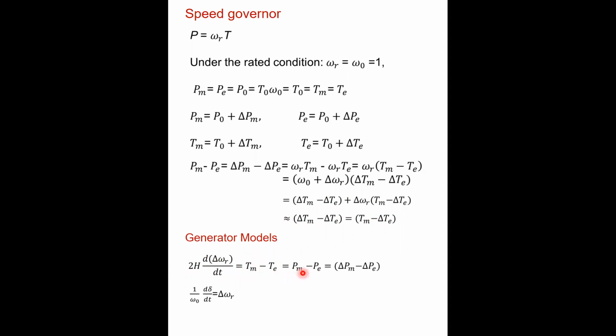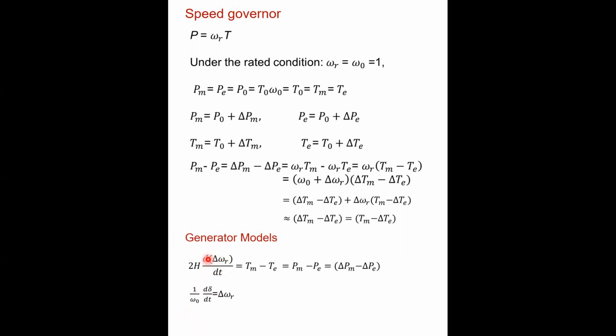That is the same as Pm minus Pe, because the generator is running at rated or nominal condition, and you perturb it, you introduce some disturbances here. So thus you have this one. And this is how the angle and the speed are related here. So thus the classical representation for the generator model is this way.